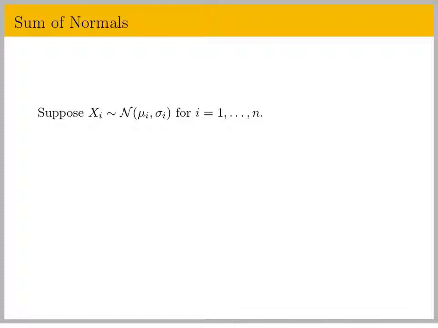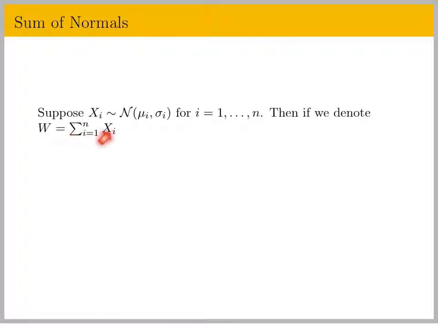Now, another very nice property of normal distributions is that if you take a whole sequence of normals, we'll call them xi's, from i equals 1 to n. So we have n normal random variables, each with their own mean and their own standard deviation.